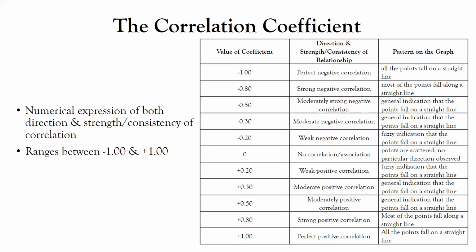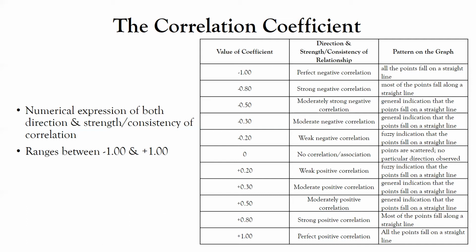And when you inspect the graph, you couldn't really describe a trend just looking at the graph. So you might need to solve for correlation coefficients just so you can be sure. But yeah, near zero is a very fuzzy indication that there's a trend.